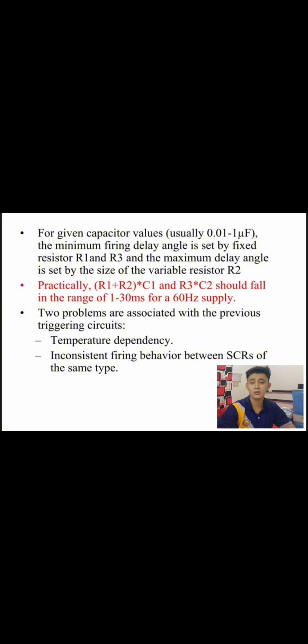Practically, (R1 plus R2) times capacitor 1 and resistor 3 times capacitor 2 should fall in the range of 1 to 30 milliseconds for a 60 Hz supply. Two problems are associated with the previous triggering circuit: temperature dependency, and inconsistent firing behavior between SCRs of the same type.